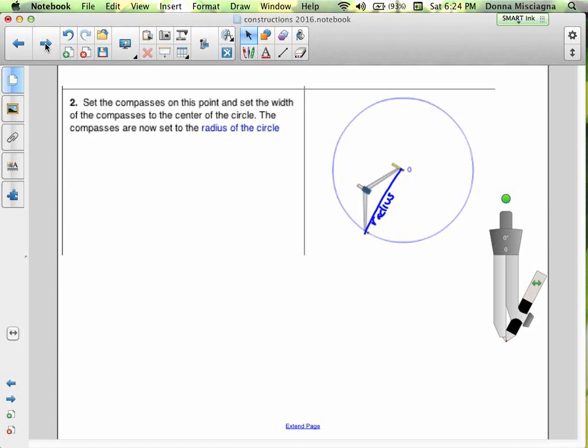Okay? So you're going to set the compass on this point and set the width of the compass to the center of the circle. The compass is now set to the radius of the circle, and that's important. You need to know what the radius of the circle is, because that's going to become the length of the sides of our regular hexagon. And so let's continue through our steps.